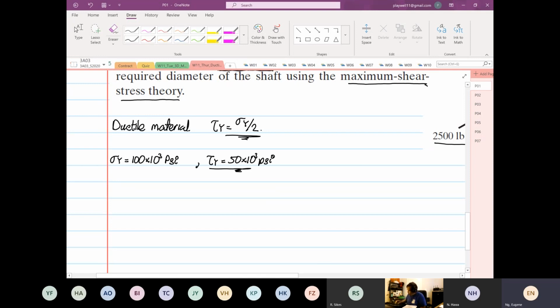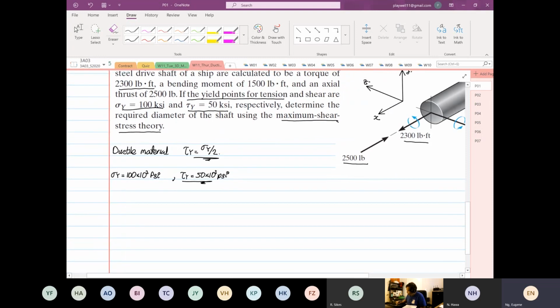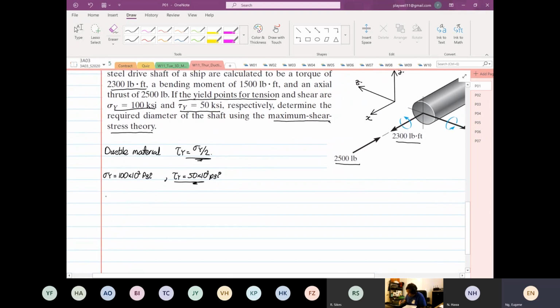Okay. So based on the loading, Px is equal to minus 2,500 pound of load. The torque in the x direction, or on the x-axis, is equal to 2,300 pound-feet.